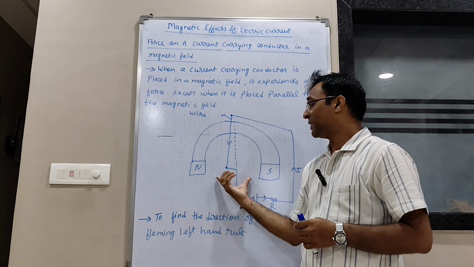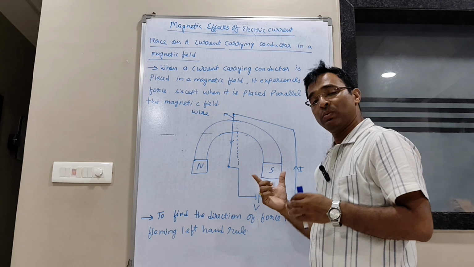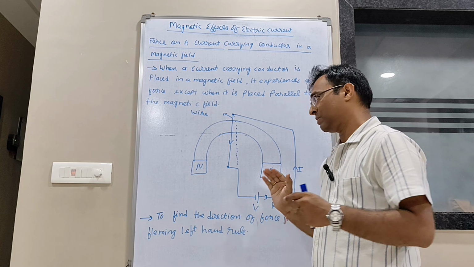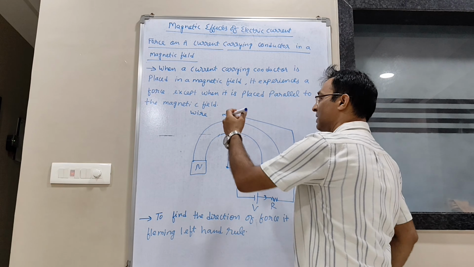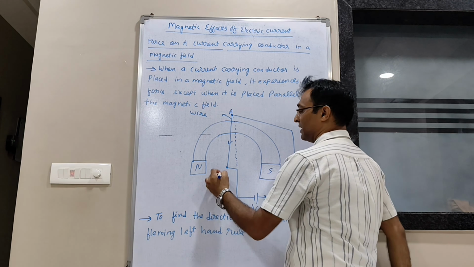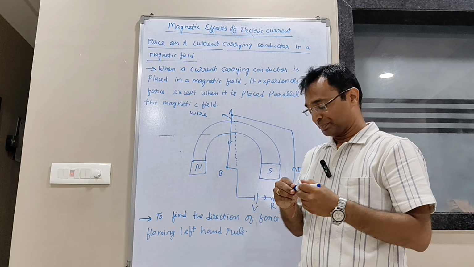This is an arrangement. North and south, both poles of a magnetic bar have been kept on both ends. This is a circuit in which the focus will be the wire connected with A and B. It is a straight wire, a current carrying conductor.